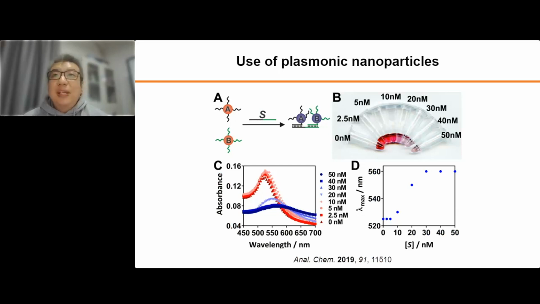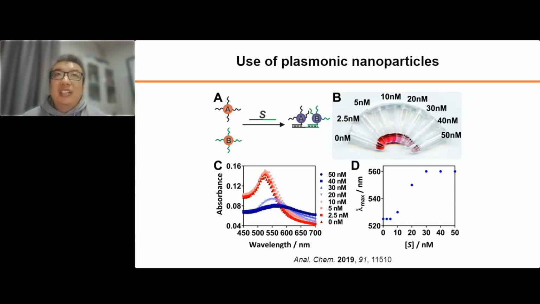So for the colorimetric test, we make use of plasmonic nanoparticles, such as DNA-functionalized gold nanoparticles. These nanoparticles initially are red colored because the absorbance of the solution is at around 520 nanometers.